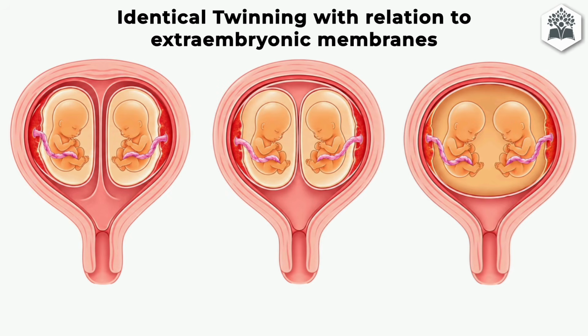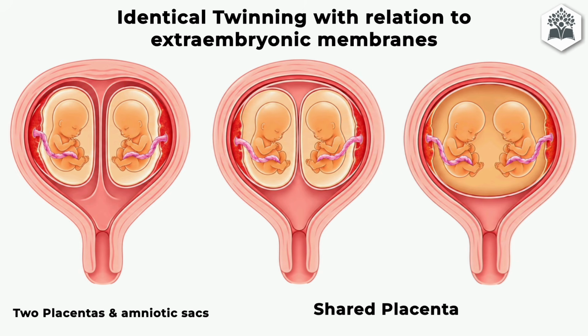After fertilization and early development, twins continue growing inside the uterus. Depending on when an identical embryo splits, the babies may share some structures or have separate ones. For example, some identical twins may have separate placentas and separate amniotic sacs, while others may share a placenta. In some cases, they can even share the same amniotic sac.